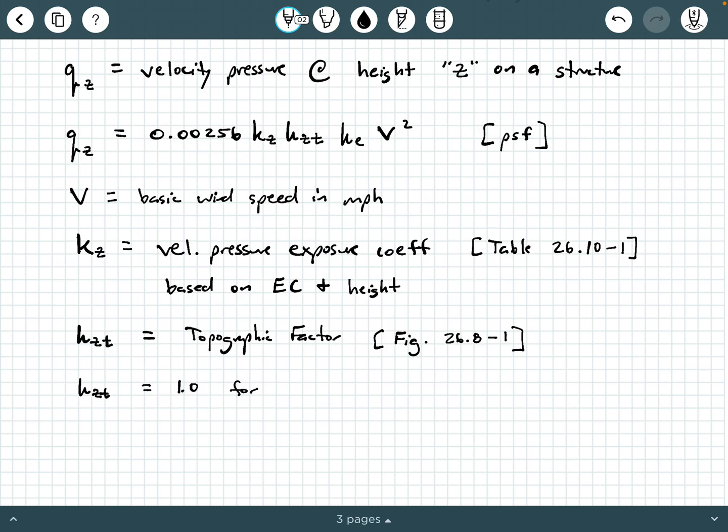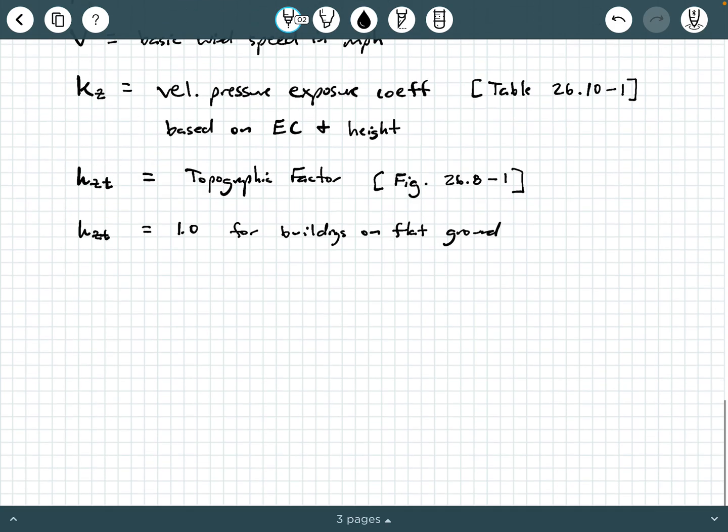If you have more specific information on the topography of your site, you can enter into figure 26.8-1 and calculate KZT. But again, I'm not going to go into all those details in this particular video.